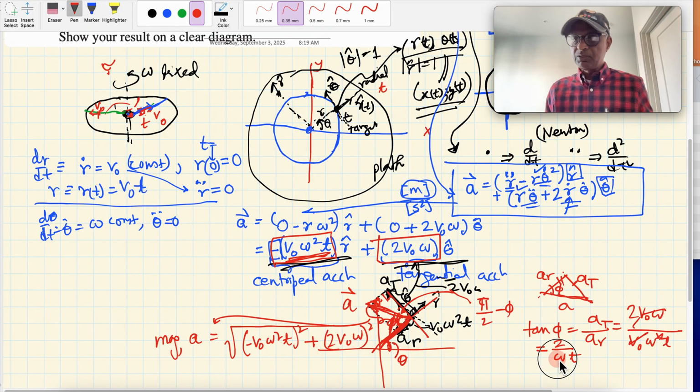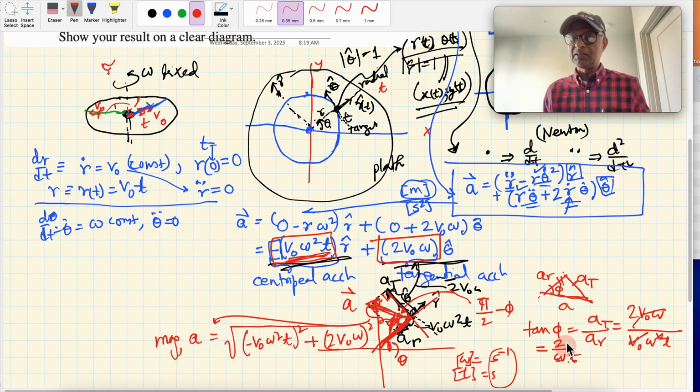The omega is per unit time, and this is time, so this doesn't have dimension, right? The omega unit is per second, and the t unit is second, so they cancel out. So this is dimensionless, and so you can get this. Given the values, you should be able to get this, right? So now we're just working with arbitrary time.